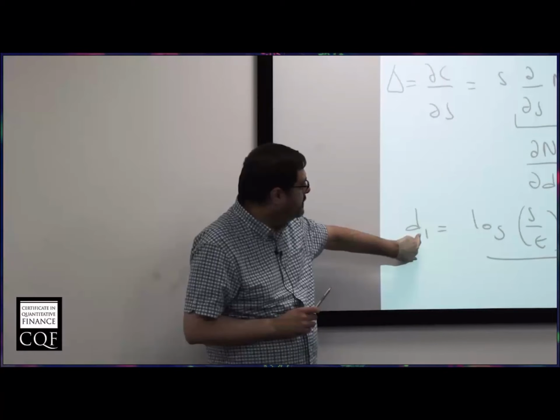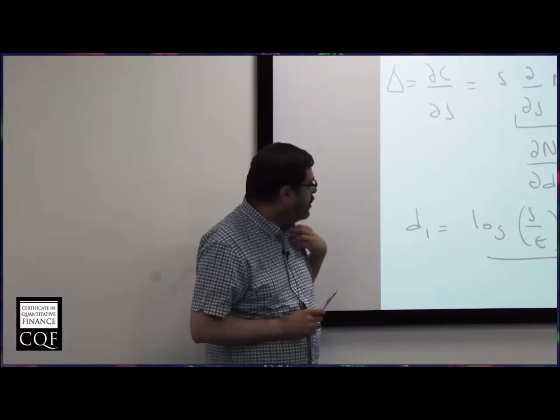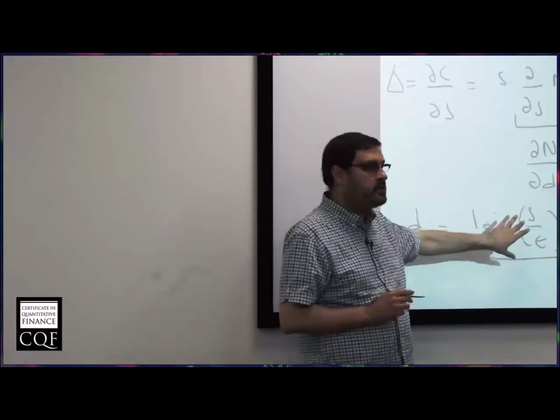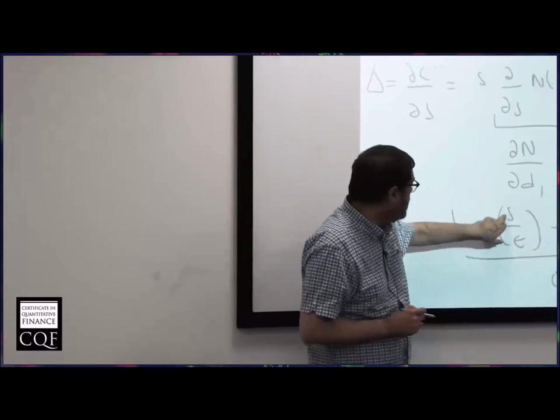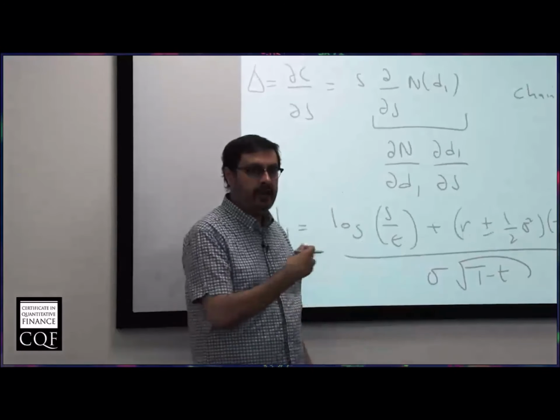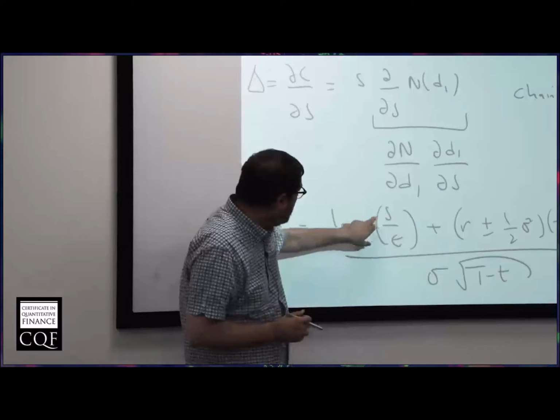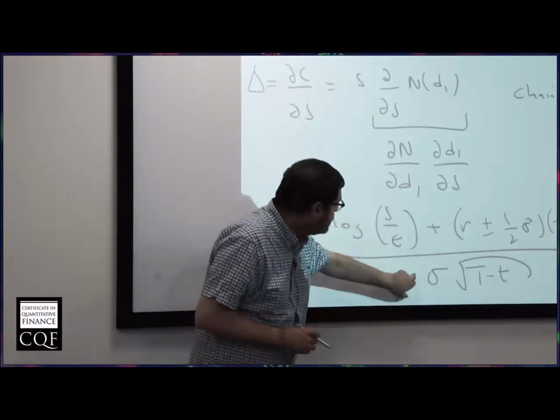Well, if you ever get stuck on something like log S over E, just write this down as log S minus log E. Log E will vanish, so you're going to get a 1 over S there together with this term here.